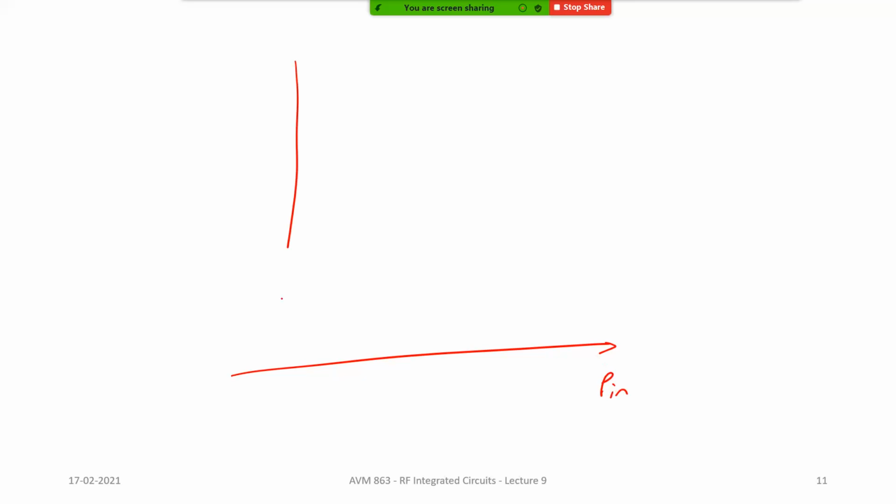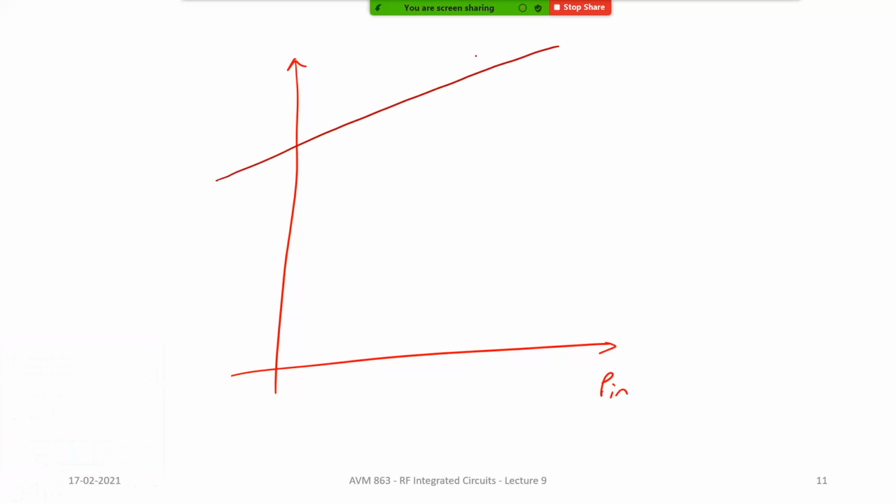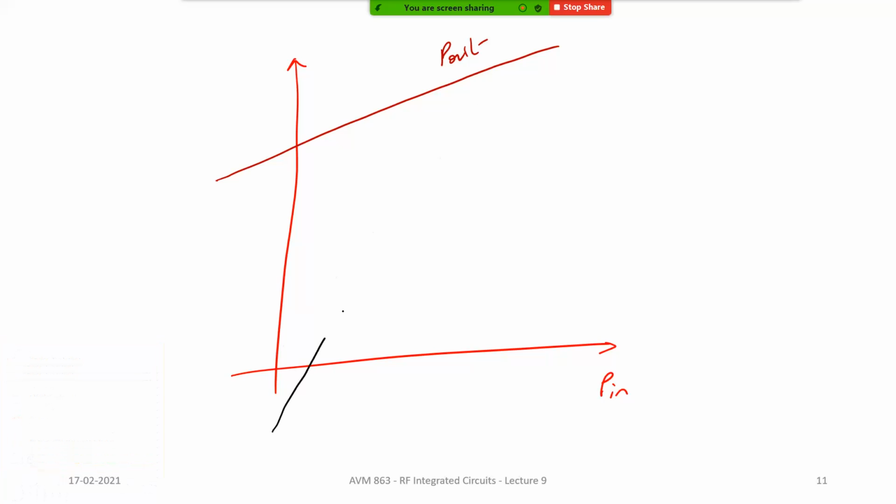X-axis is P in. Your actual power P out will go like this, and your intermodulation components will go with a slope of 3. This will have a slope of 1, and this is your IM component.